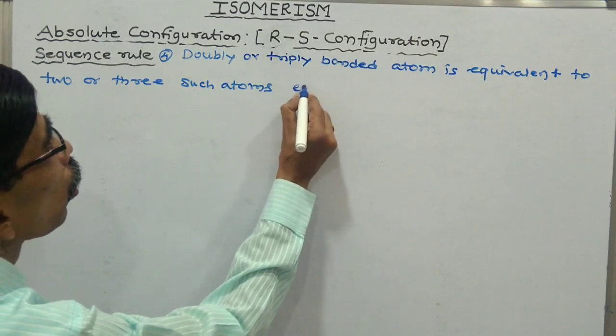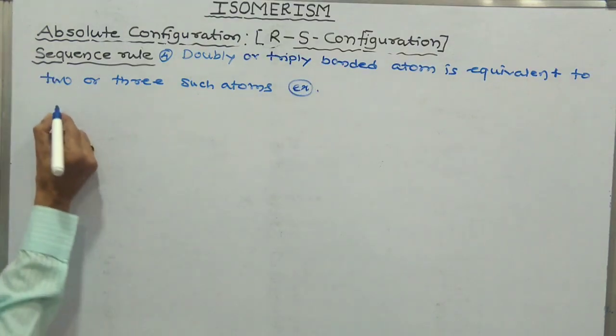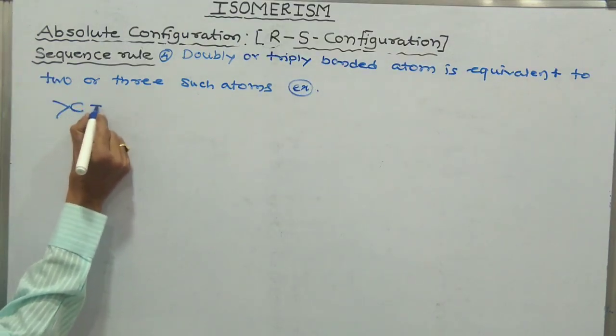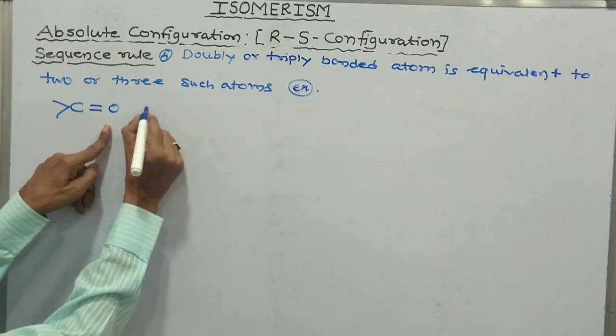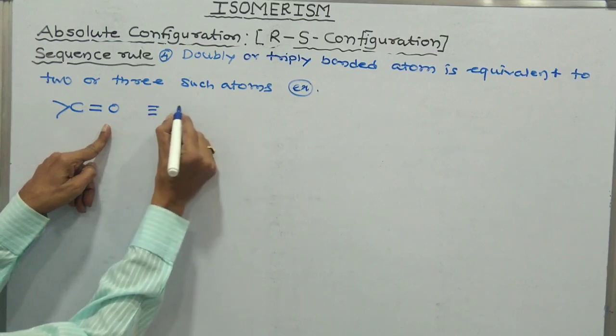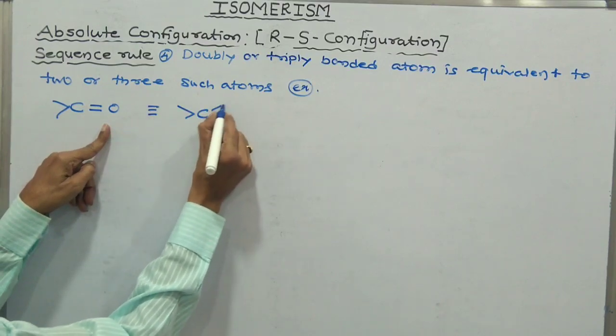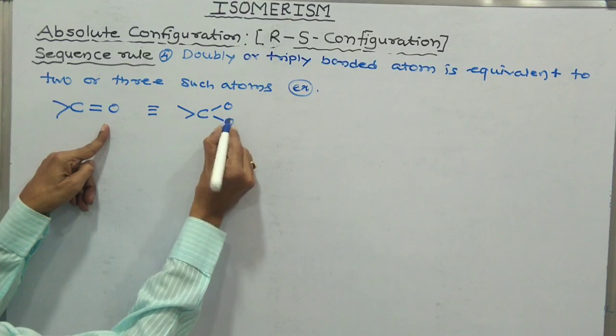For example, C double bond O. This doubly bonded oxygen atom is equivalent to 2 oxygen atoms.